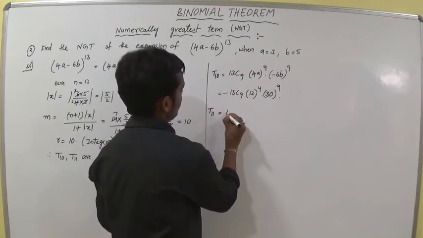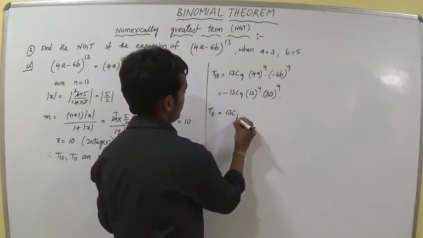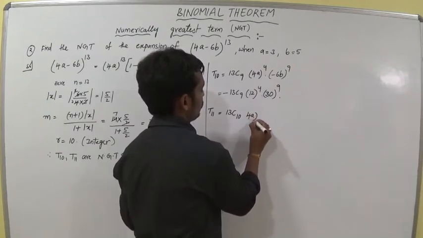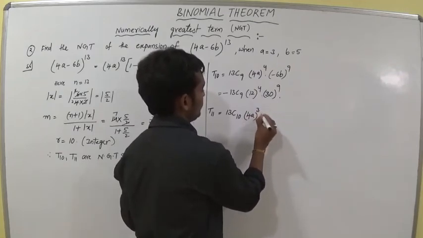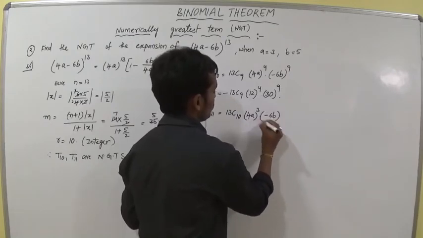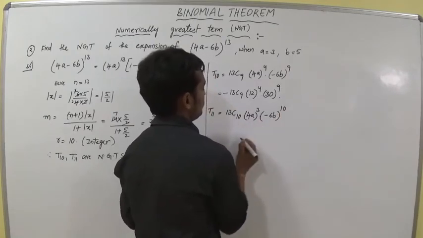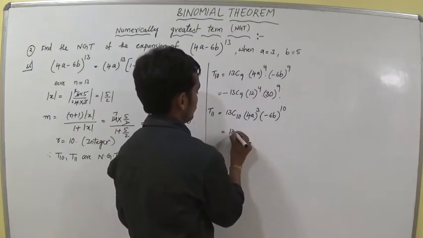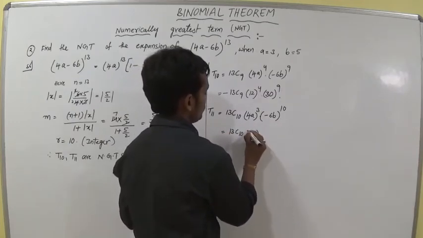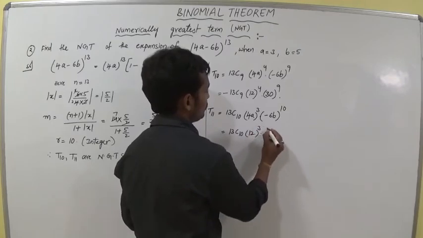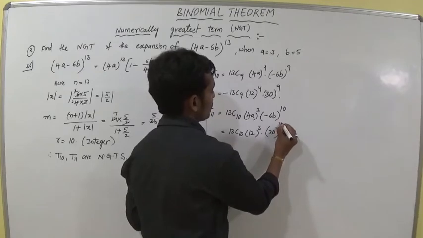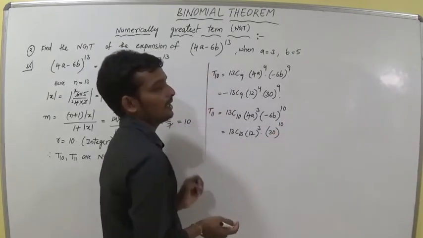T11 is equal to 13C10, 4a whole to the power of 3 into minus 6b whole to the power of 10. So that is equal to 13C10, 4 3s are 12, 12 cube into 30 whole to the power of 10. I am not writing the negative term.